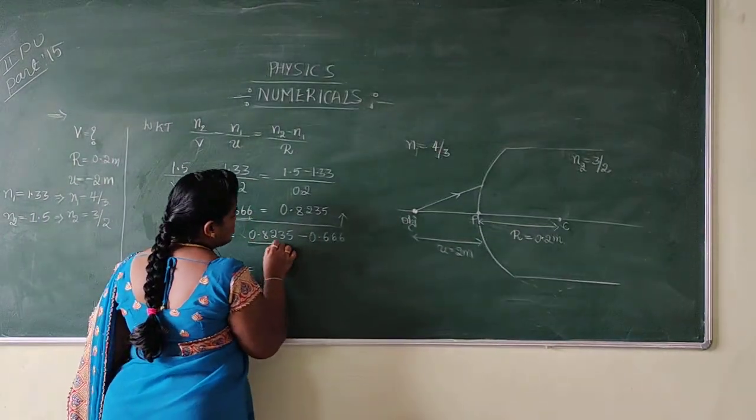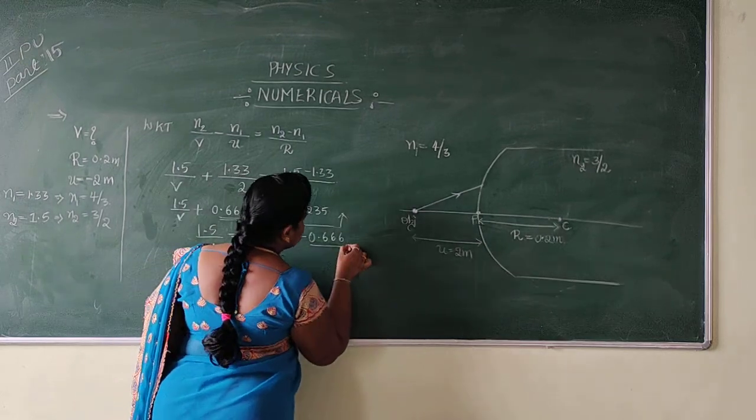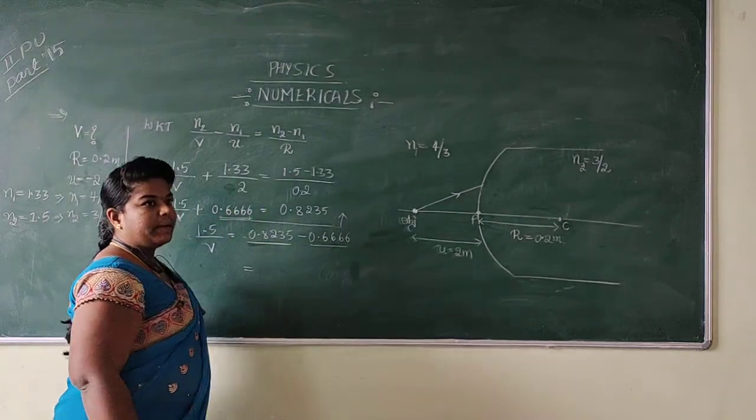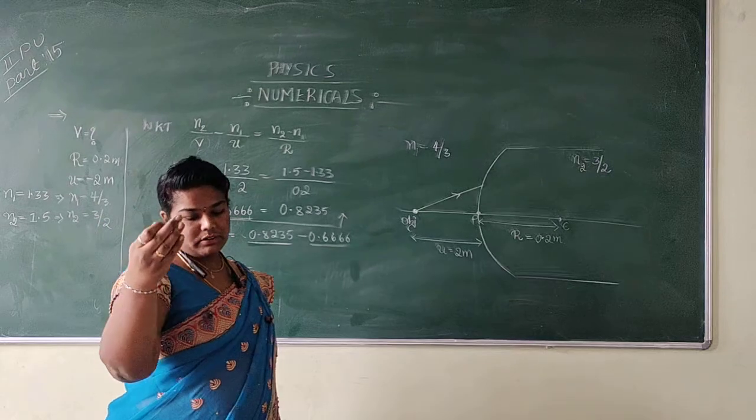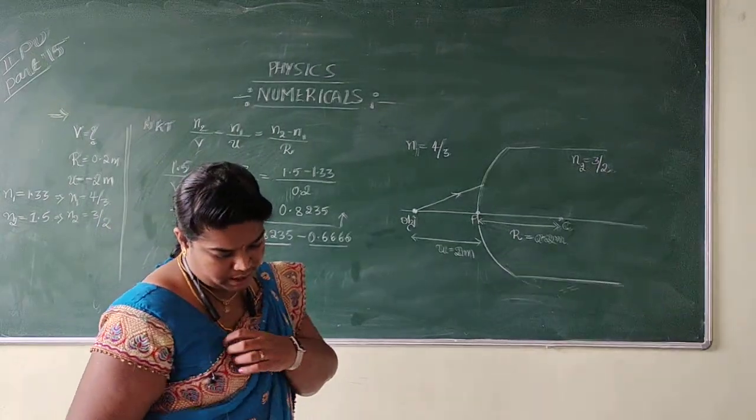But here we have 0.235 minus 0.6666, so subtract the total using the calculator and directly substitute the value.